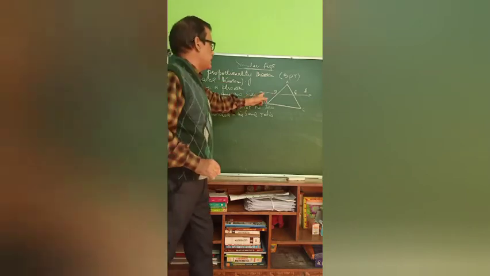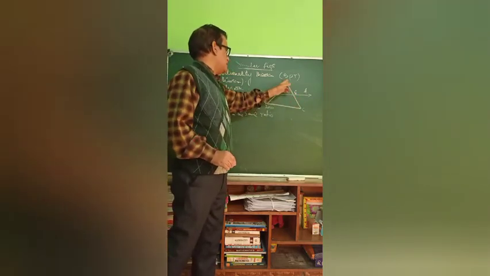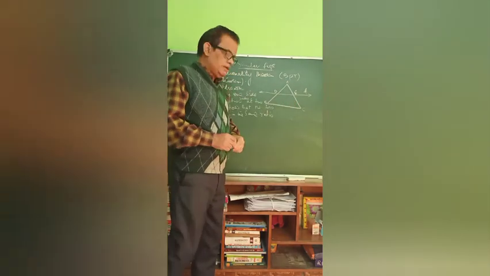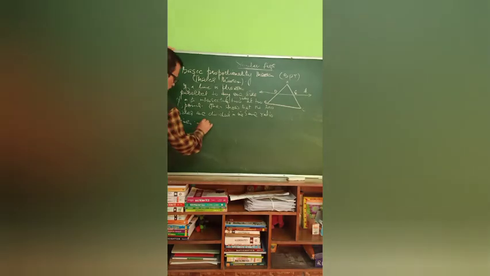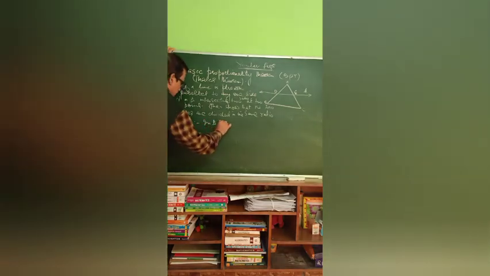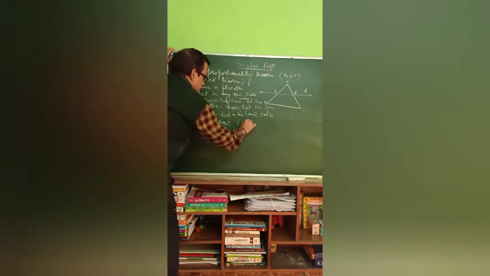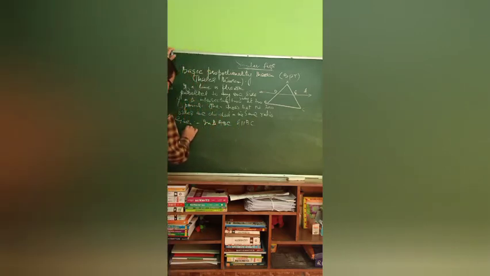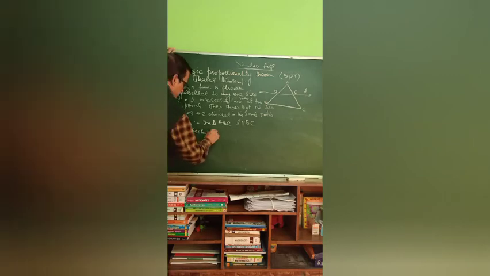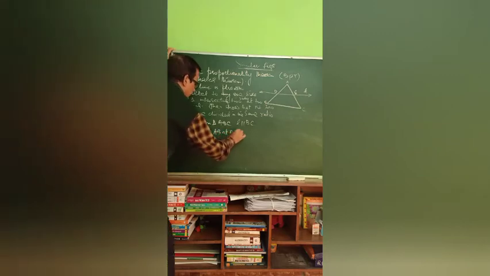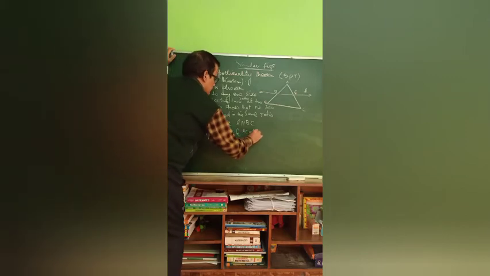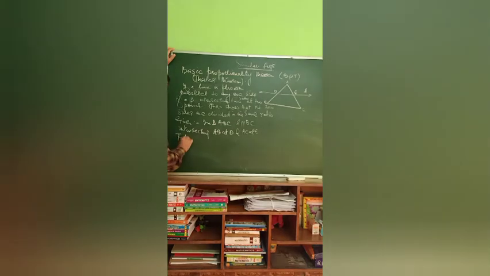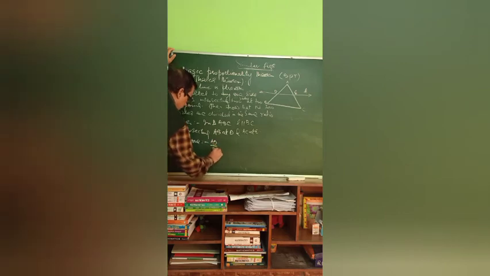If a line is drawn, that means L is parallel to BC, intersecting AB at D and AC at E. So we will write, given: in triangle ABC, L parallel to BC, intersecting AB at D and AC at E. To prove: AD upon DB is equal to AE upon EC.